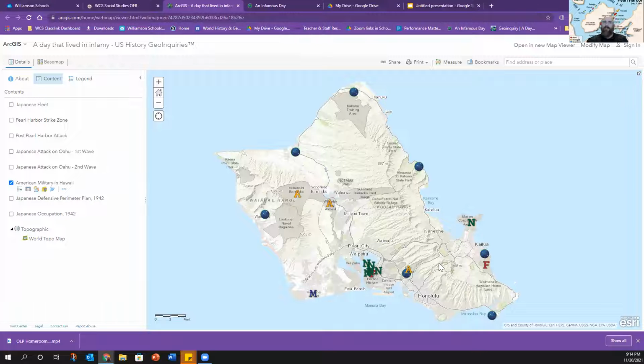So you have the presence of all four branches, most significantly on the perimeter, right? The Army also does have an airfield and a barracks inside in the land here, but a significant amount here is going to be on the perimeter, which makes sense. If you're going to protect an island, you're going to be on the perimeter if you want to notice things.